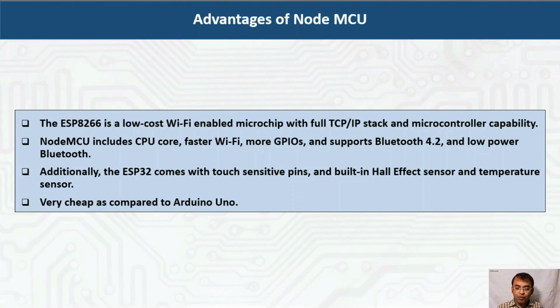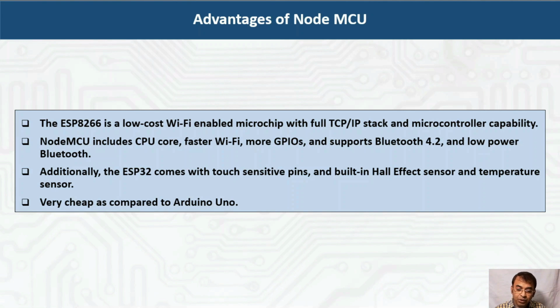Advantages of NodeMCU over Arduino. The ESP8266 is a low-cost Wi-Fi enabled microchip with full TCP/IP stack and microcontroller capability. NodeMCU includes a CPU core, faster Wi-Fi, more GPIOs, and supports Bluetooth 4.2 and low power Bluetooth.